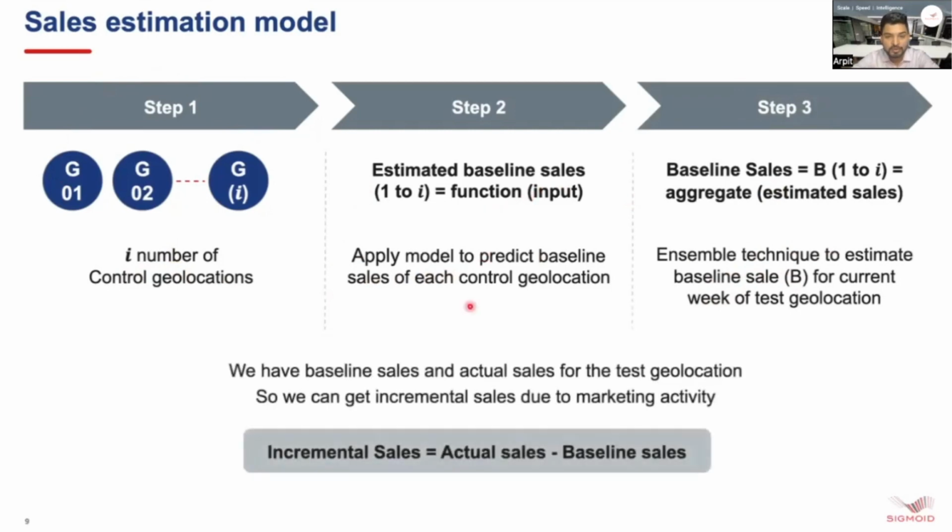So now we have both the baseline sales and actual sales for each test geolocation. Now we can get incremental sales due to marketing activity. So at the end of the sales estimation model, we have incremental sales for each geolocation and each week.